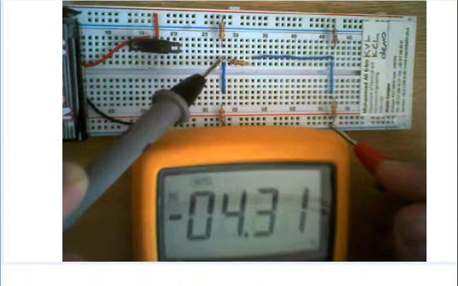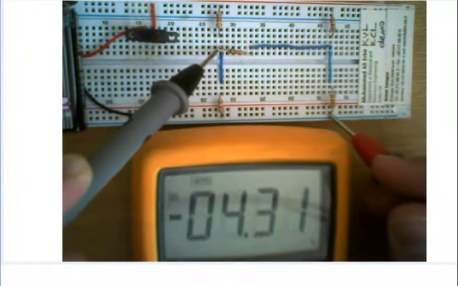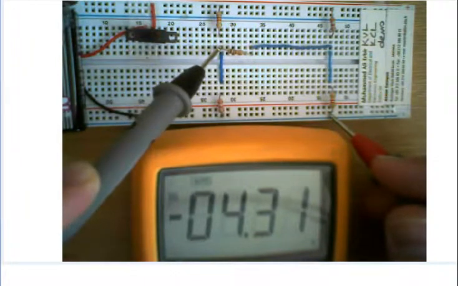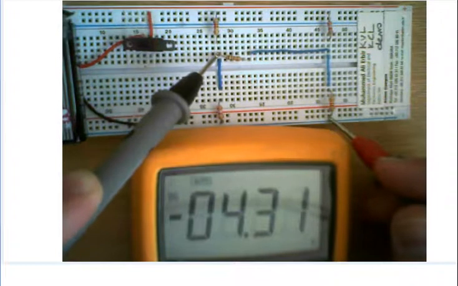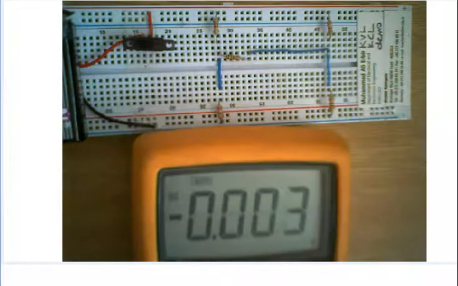Actually there is no change in my circuit, but if I change the ground assumption, the values will change.